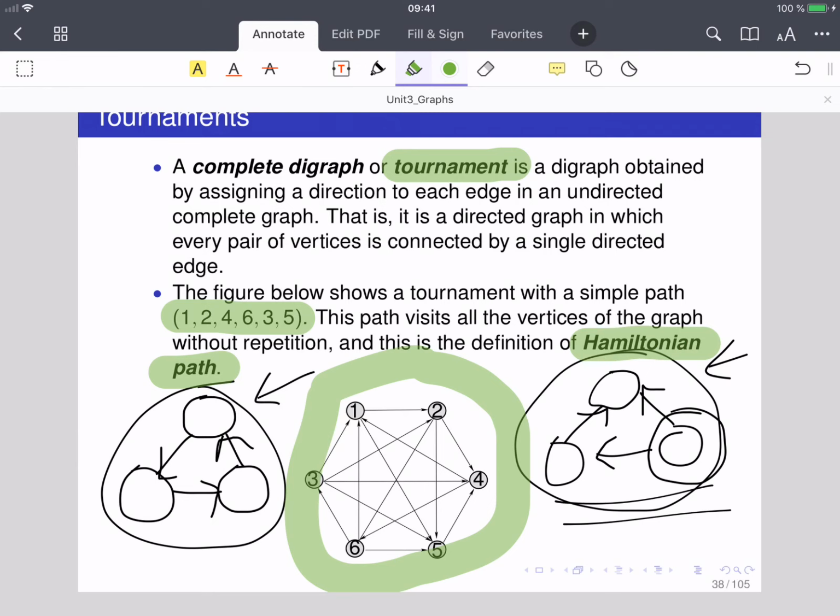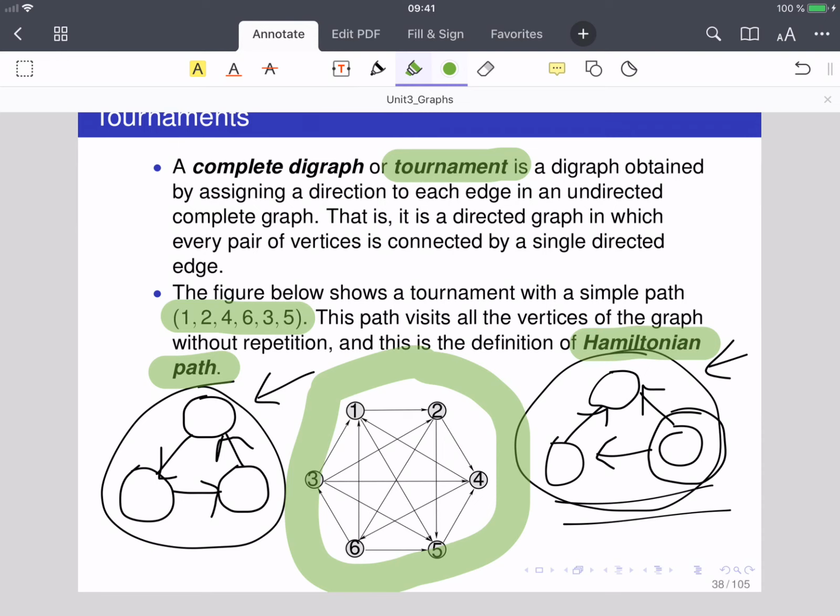And this is a very important property because not all types of graphs have this kind of path, and in fact in practice it's difficult to know whether a graph has a Hamiltonian path or not. Okay, so we will return to this kind of problem, finding a Hamiltonian path in a graph, later in our lectures in this unit.